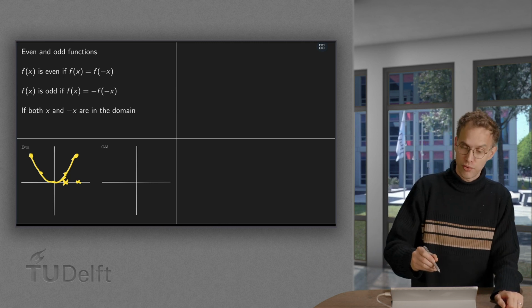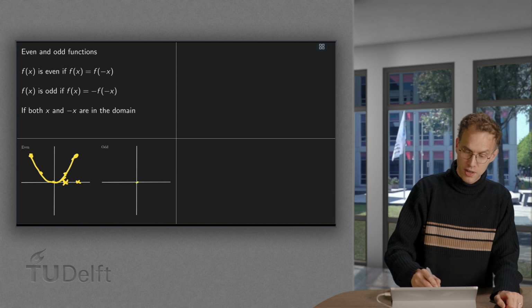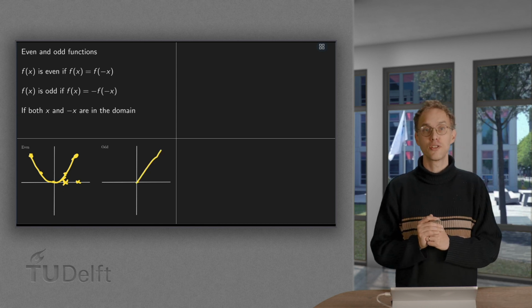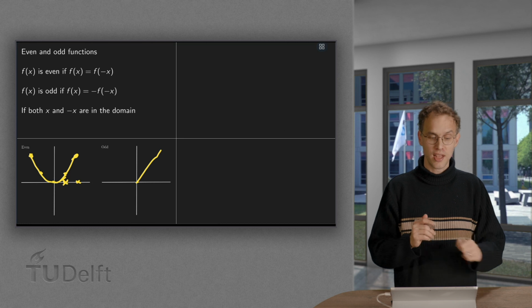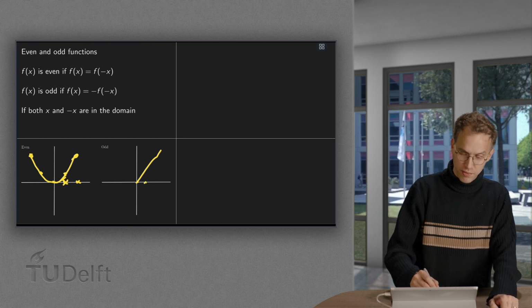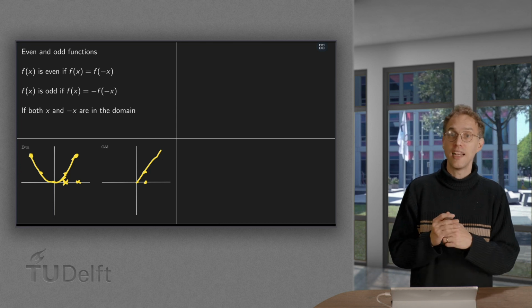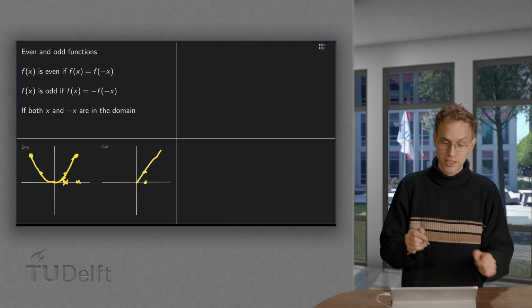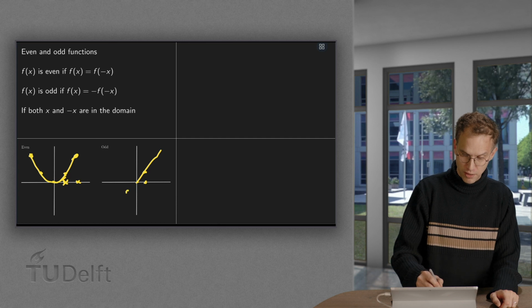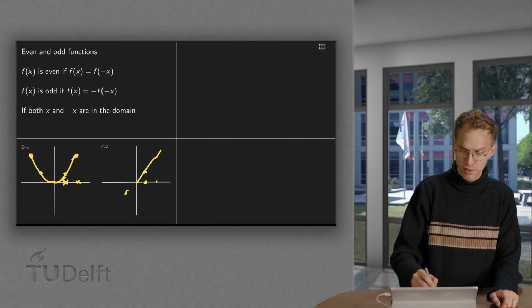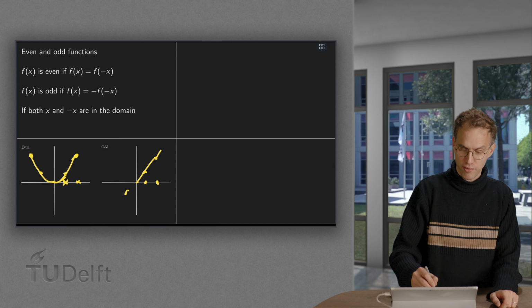Now what about odd functions? You can do something similar. Say our function looks like this for some positive values of x. Now we take again some value of x here. We have f of x over there. And f of minus x should then be minus f of x, so it should go somewhere over here. And for some other value of x, we have our f of x here.